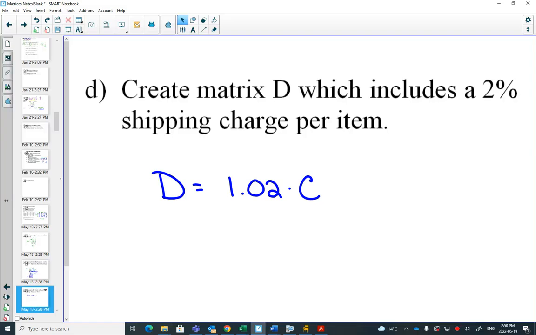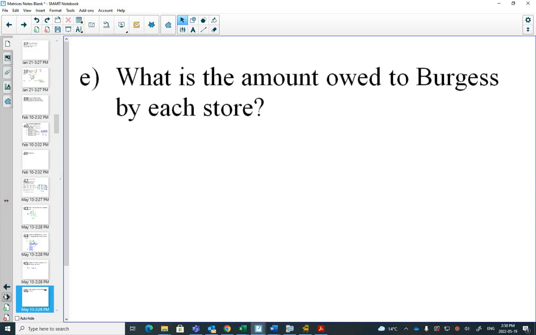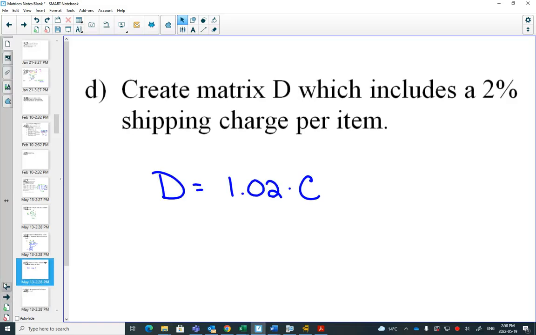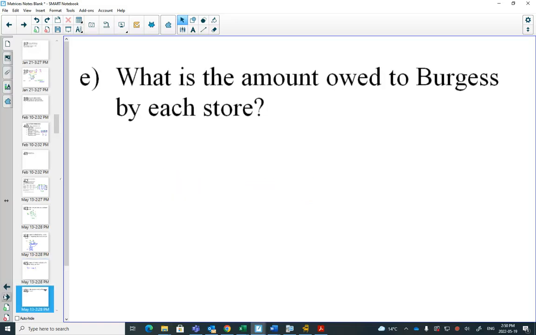All right. What is the total amount owed to Burgess by each store? So what are they going to have? They're going to have their totals plus their shipping charge. How could we figure out the total? Well, you could technically just take matrix D and add up all the columns.